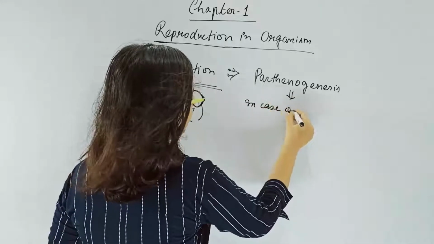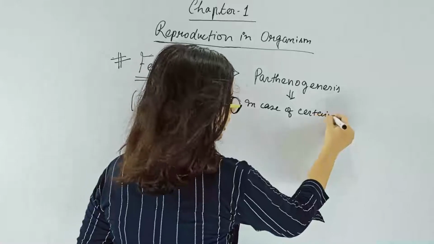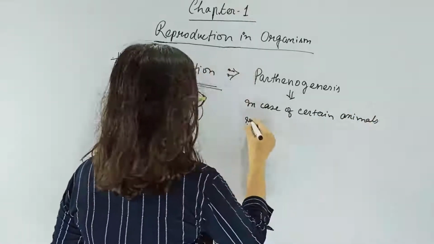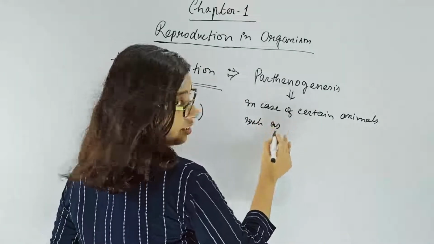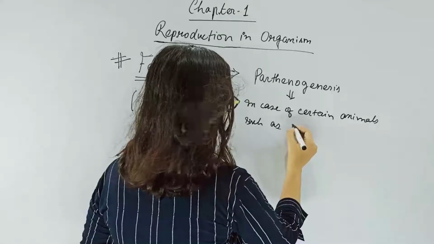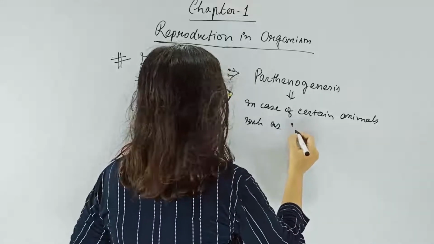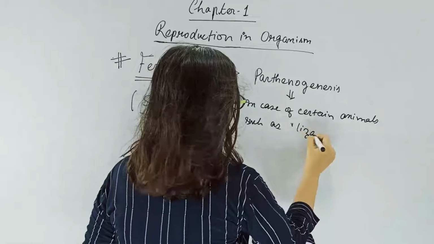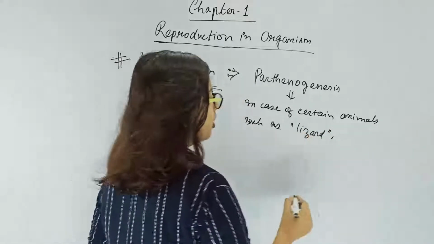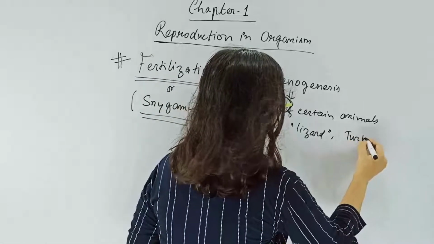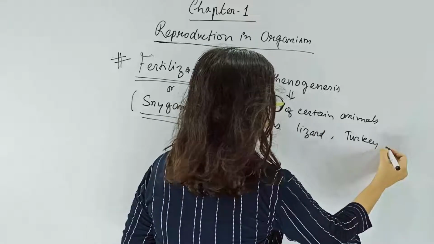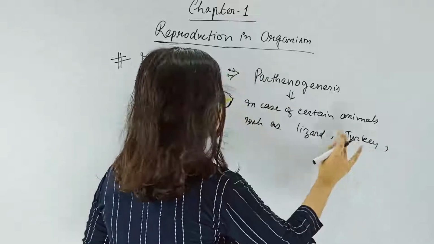In case of certain animals, this example you have to learn. You can be asked in your NEET exam also. So this is lizard. In case of lizard, or in case of a bird termed as turkey. Turkey is a type of bird.